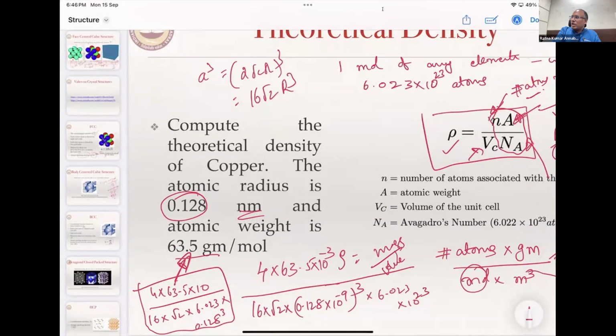So kg per meter cube or gram per cc, those are the standard units, no? Then 17.35 kg per meter cube. Yeah.